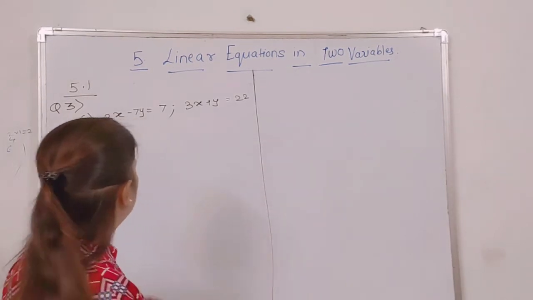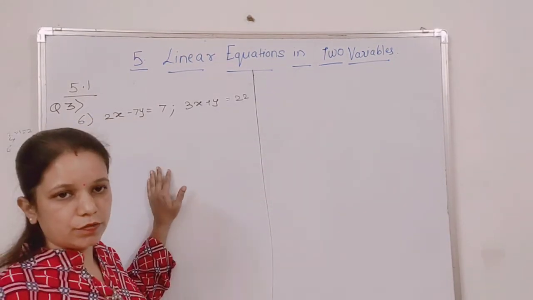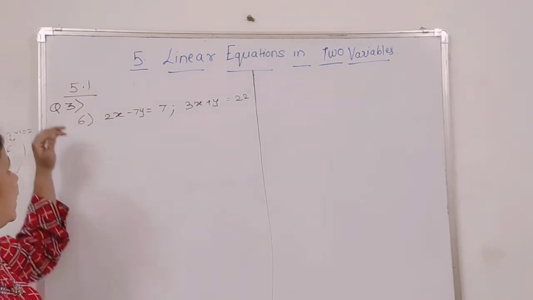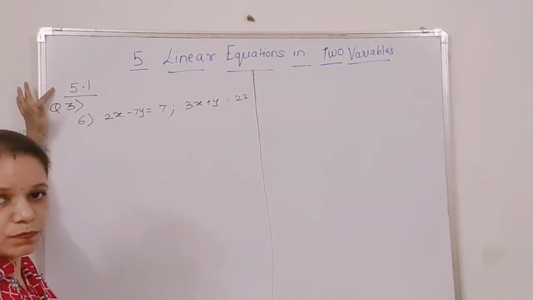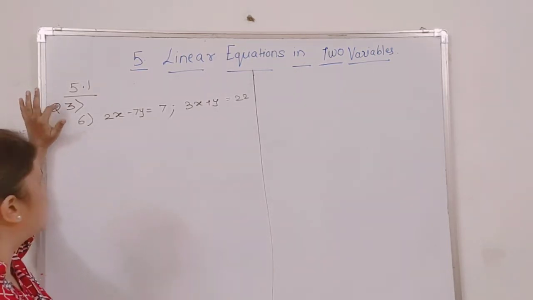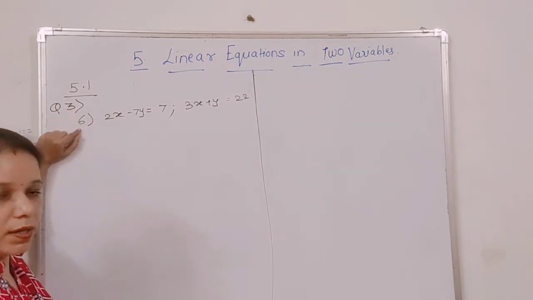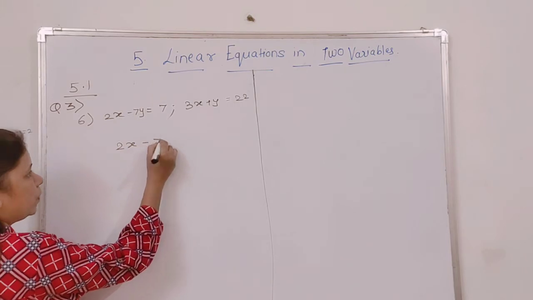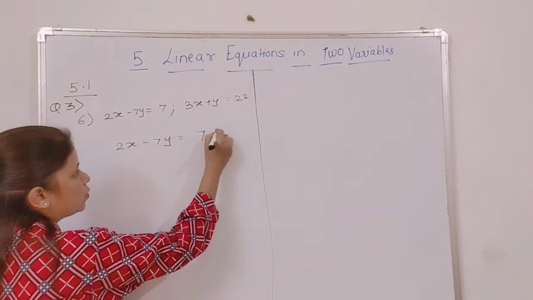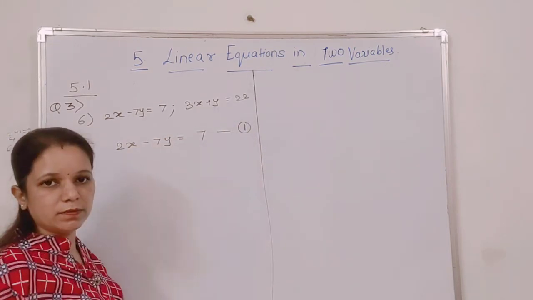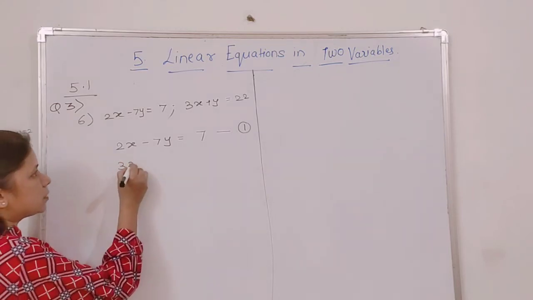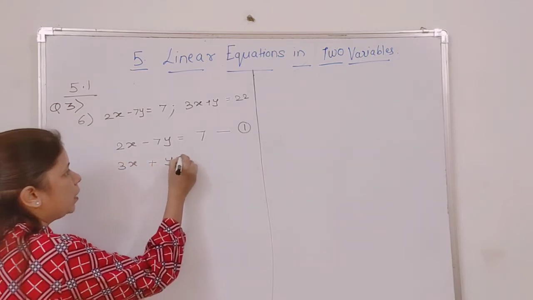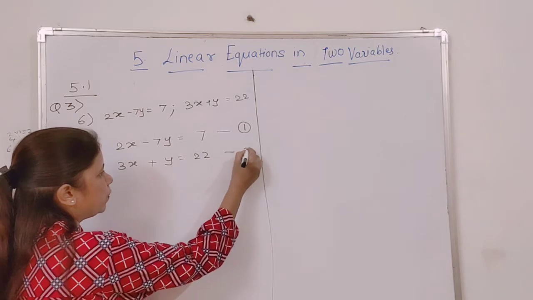Now, using the substitution method, we will try solving exercise 5.1, question 3, the sixth sum. So first, we will write the given equations. 2x minus 7y equal to 7, my equation 1. 3x plus y equal to 22, equation 2.